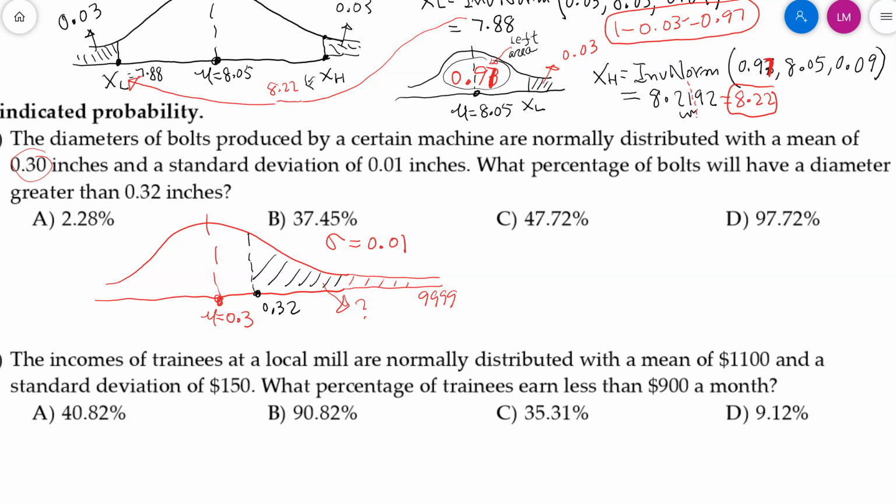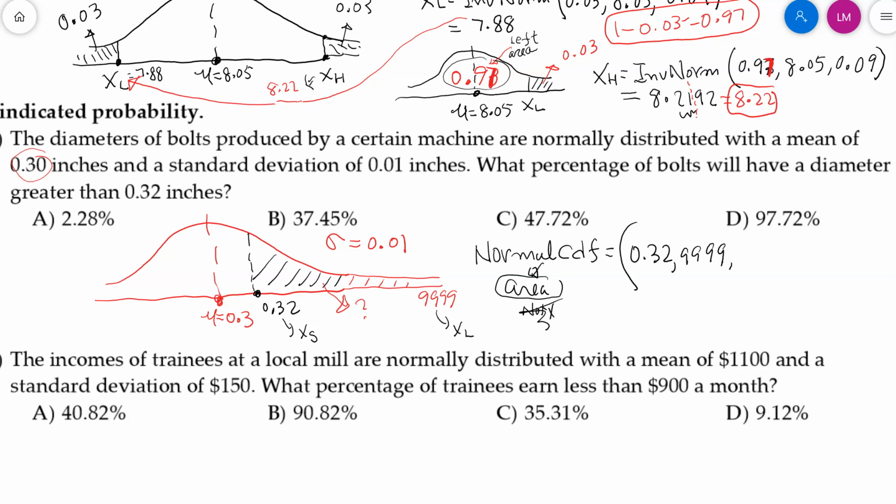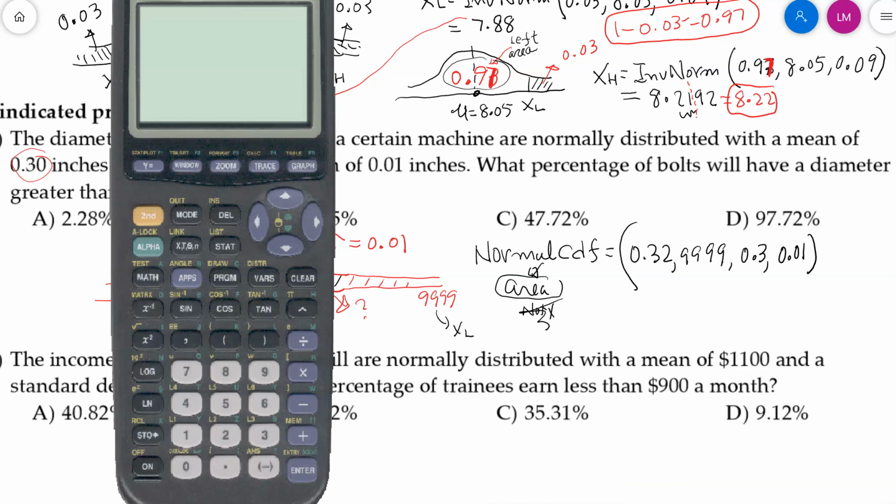We use normal CDF, because we need to find the area, not X. So now you need to put four numbers, remember four numbers: X small, X large, then the mean and standard deviation. 0.32, 9999, and then mean is 0.3, standard deviation is 0.01.